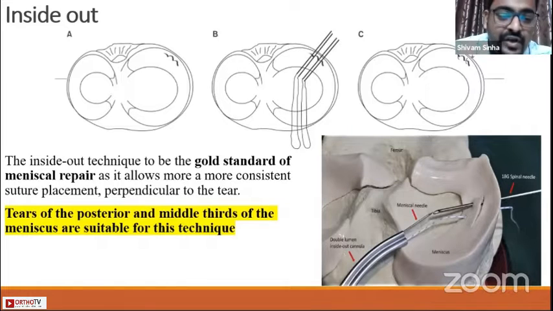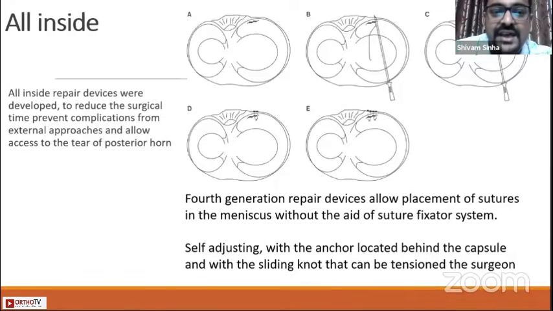It is mostly apt for tears of the posterior and middle third of the menisci. All-inside is the newer technique, mostly reserved for posterior horn tears. The fourth generation repair devices allow placement of sutures in the meniscus, and then self-adjusting and sliding knots are applied so that the meniscus is reduced.